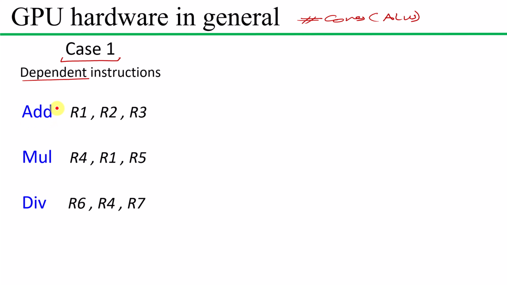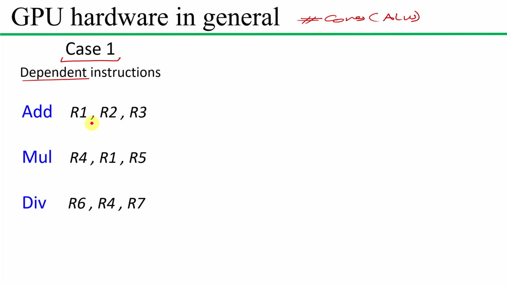We start with 3 separate instructions, each performing a distinct operation. Here, in this instruction, we add 2 values, then we multiply them in the second instruction, and finally, we use this instruction to divide them.